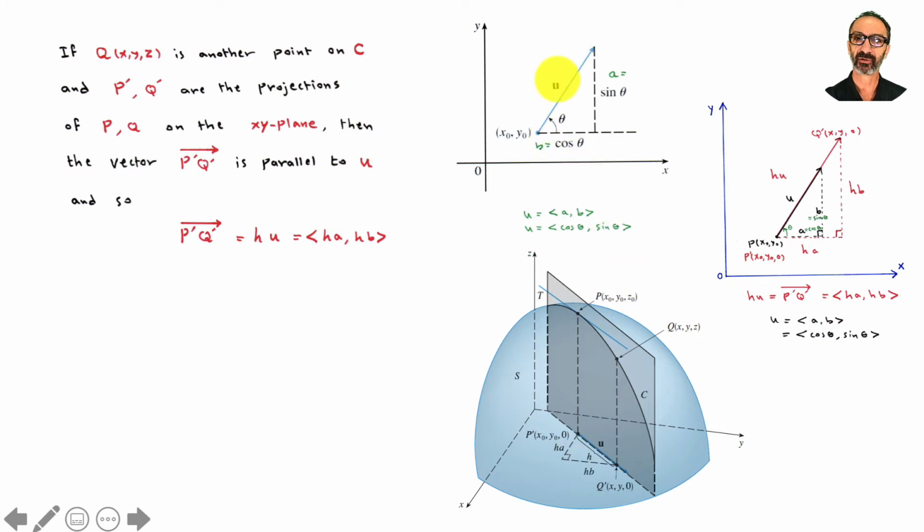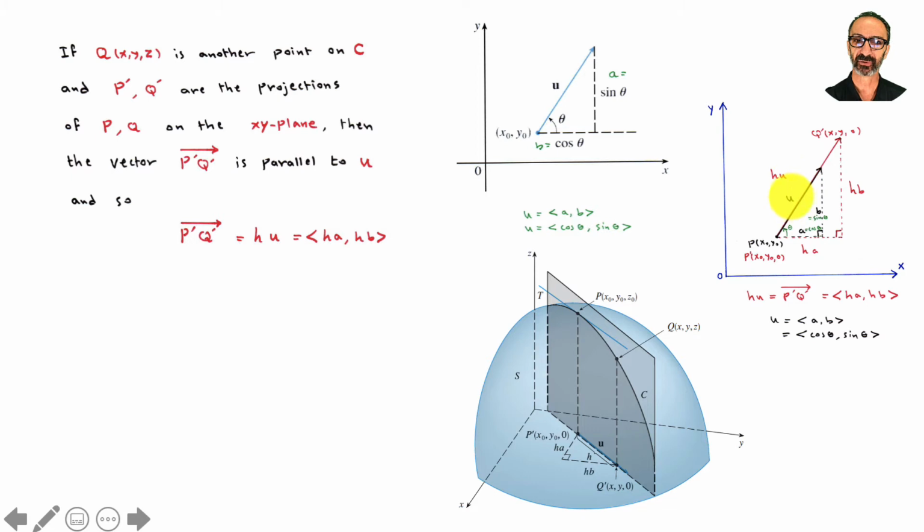This is the u vector, which has the components a and b, or differently, cosine theta and sine theta. So if you're going from point P to point Q, or P prime to Q prime, you will have to multiply this by a scalar called h.